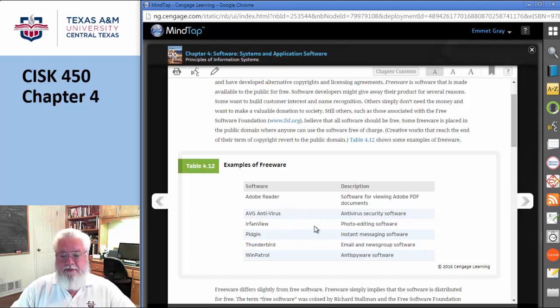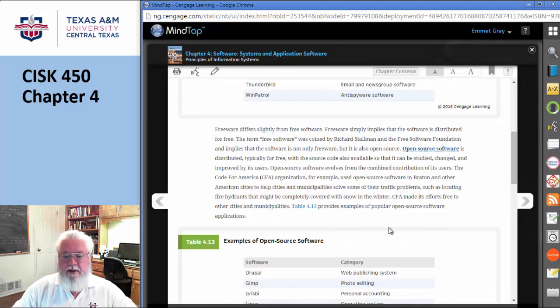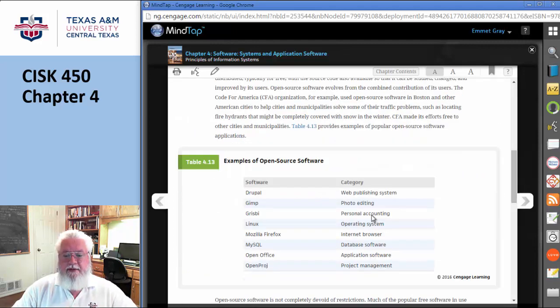So there's lots of good stuff out there. In the open source example, this is where typically it costs you nothing, but that doesn't necessarily mean that. But Linux and Firefox and MySQL and OpenOffice and all these other systems are excellent and don't cost you any money.